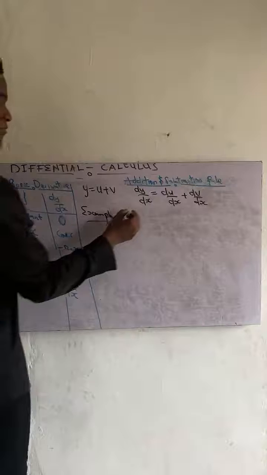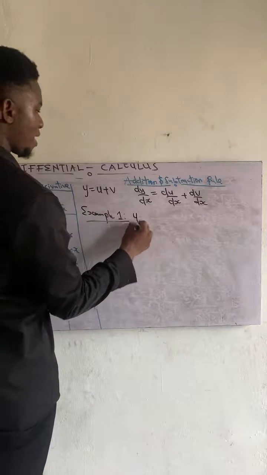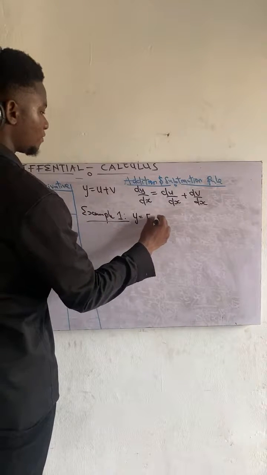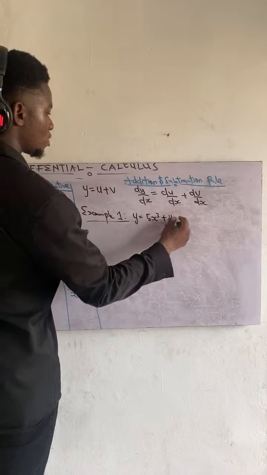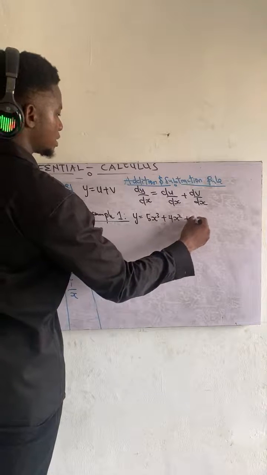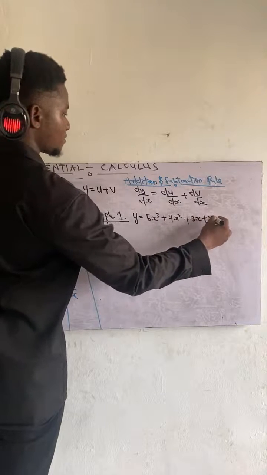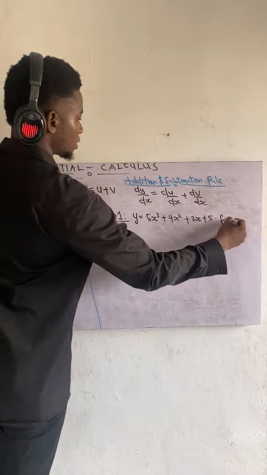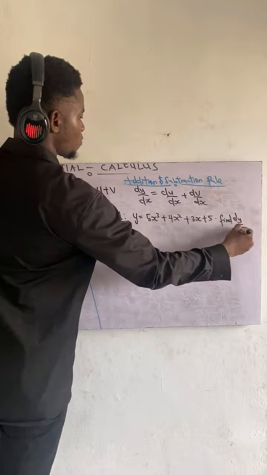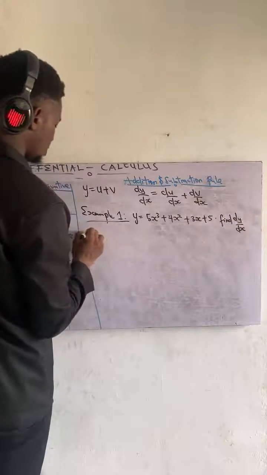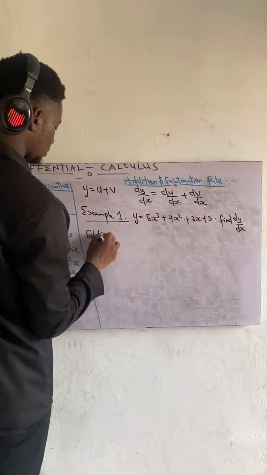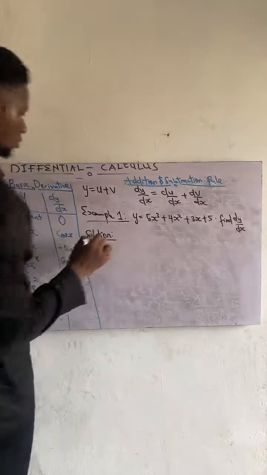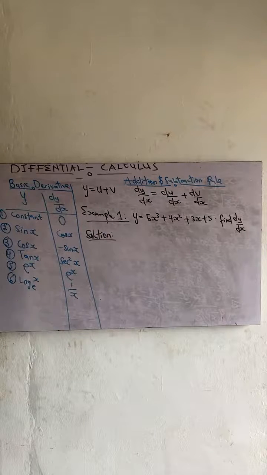Let's say we have y equals 5x cubed plus 4x squared plus 3x plus 5. Find dy/dx. Just write solution. Now, listen attentively.